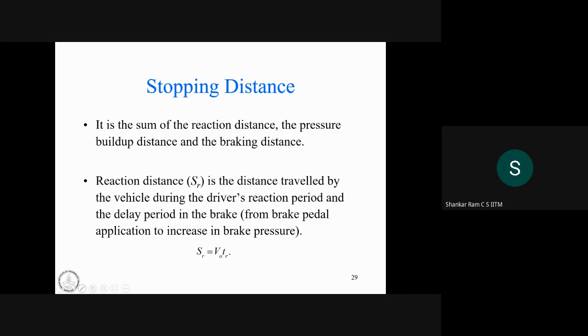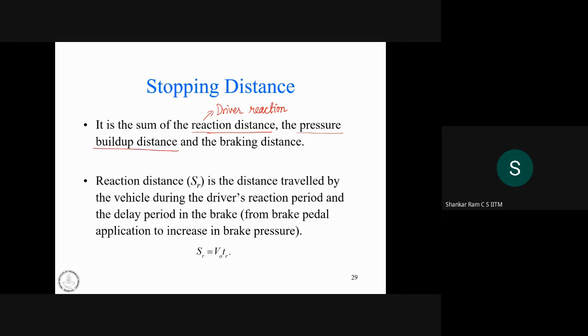The stopping distance is the sum of the reaction distance, which is the driver reaction phase. Then we have the pressure build-up phase.